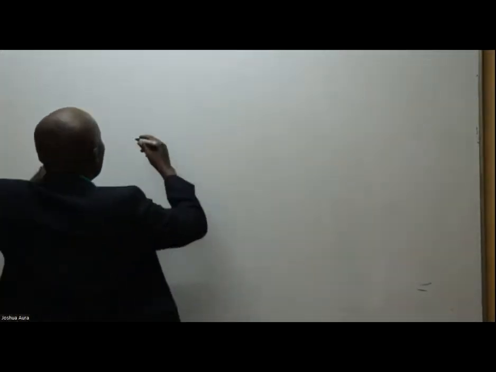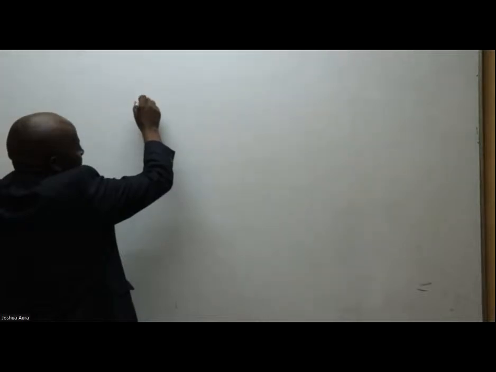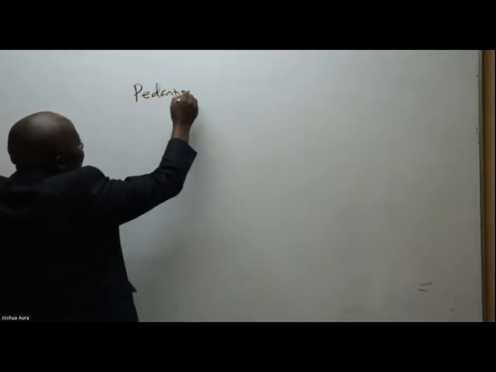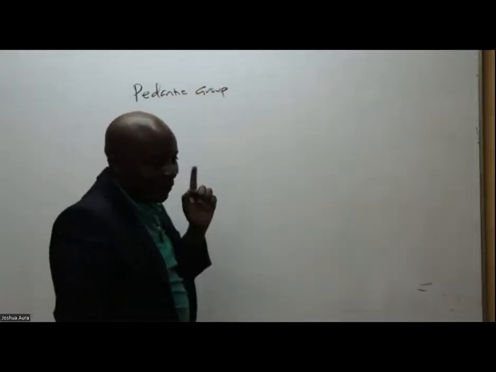You start with the name of the company. The name of the parent company is Pedantic. So we call this one Pedantic Group. The group will always be called by the name of the parent.